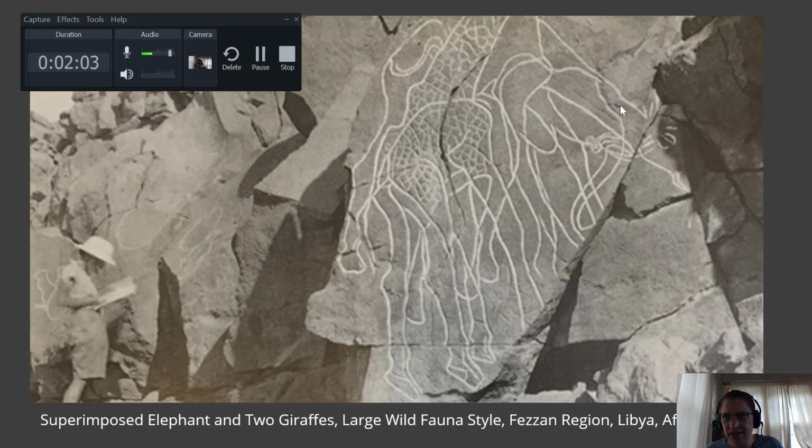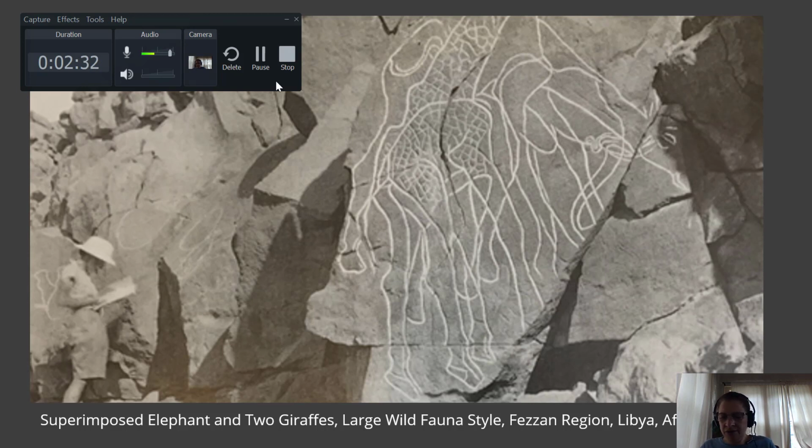Here's the head of the second giraffe, but then we have the head here with the trunk and the ear of the elephant, and so we have these three animals that are overlapping, so they become a little confusing.